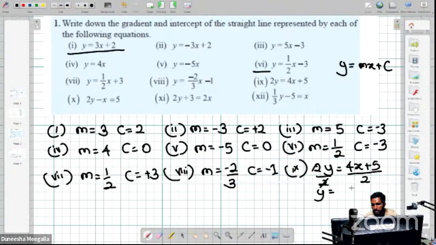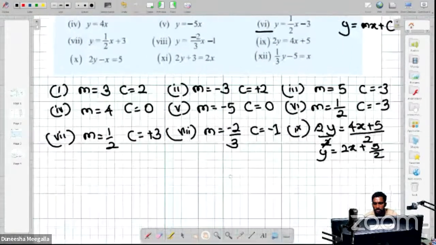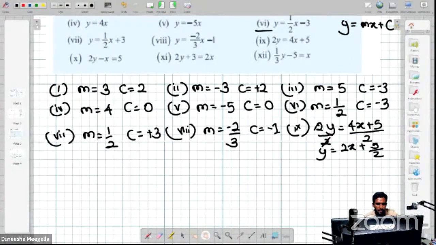Then 2y divided by 2 is y, 4x divided by 2 is 2x, and 5 divided by 2 is 5/2. We can also write it as the decimal 2.5.